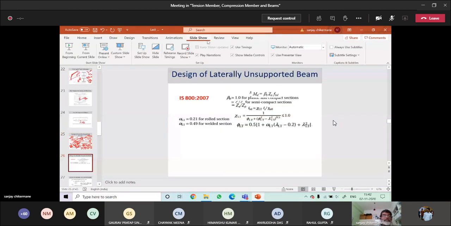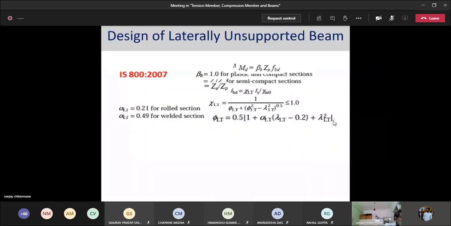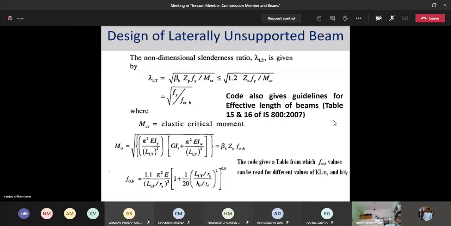we go to the next slide. And this is the design of a laterally unsupported beam, where the laterally unsupported beam just adds a very interesting reduction value, where instead of Fy by gamma m0, it is nothing but XLT times Fy by gamma m0. So the difference between a laterally supported and a laterally unsupported beam is this reduction factor.